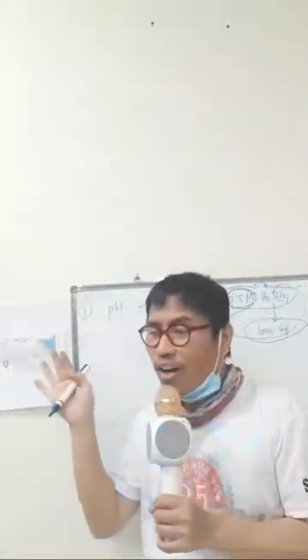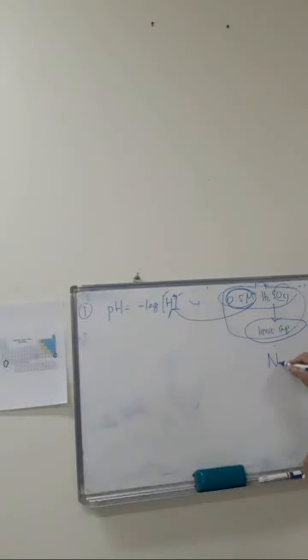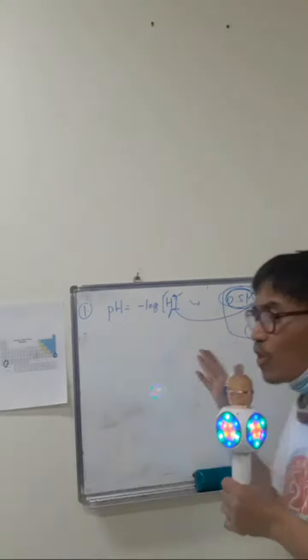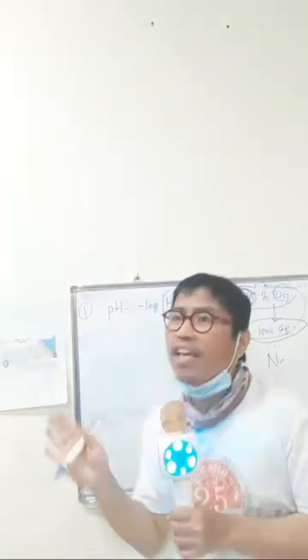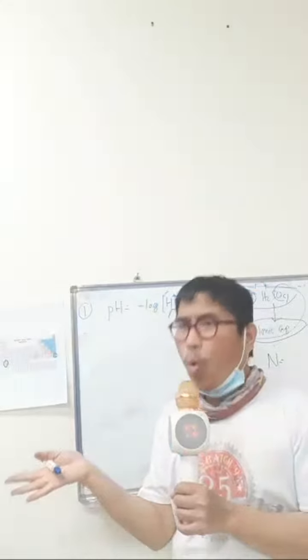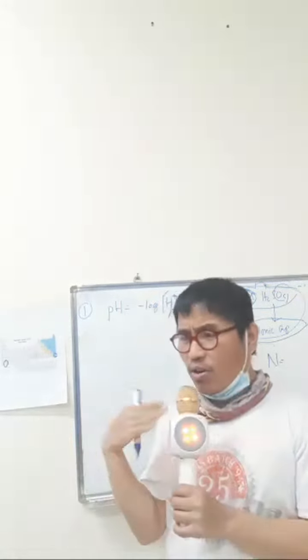So we now connect that to normality, capital N. When we say normality, it has to do with the H ions that will ionize in an aqueous solution, or the OH negative that will ionize in aqueous solution.